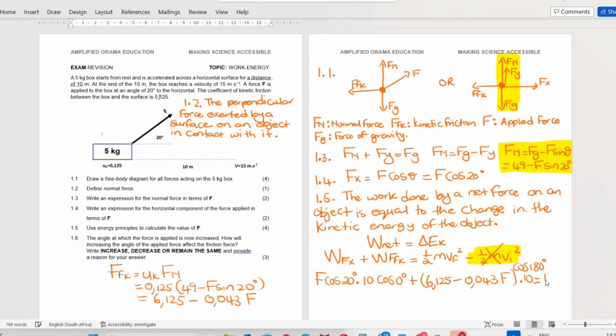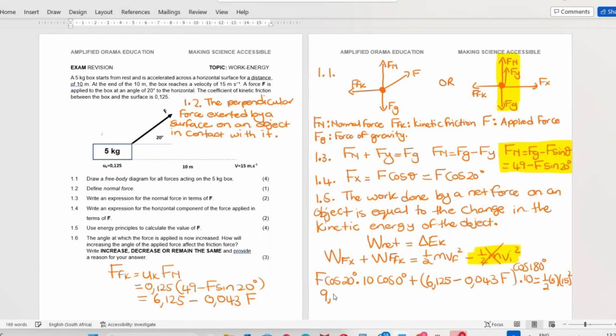Then we equate that to a half. The mass of the object is 5, and its final velocity after 10 meters is 15 squared. Right, we just have to simplify all of that. So we're going to say cosine 20, multiply that by 10, and we're going to get 9.4.